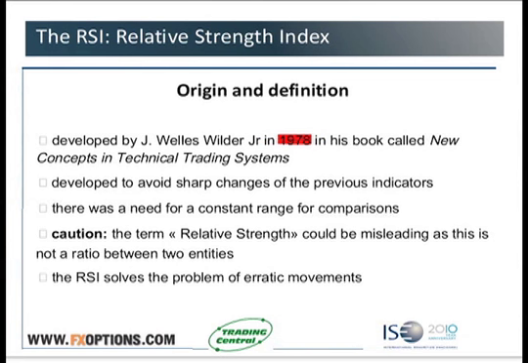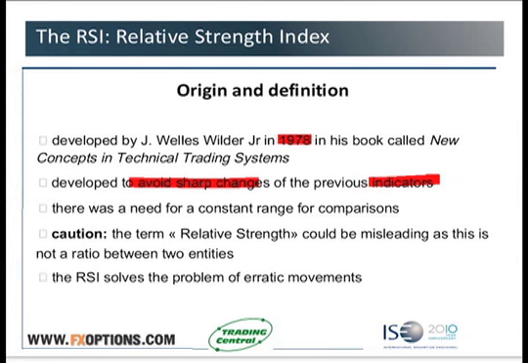So it has been developed to avoid sharp changes of the previous indicators, such as the momentum, because as I said before, the momentum was a subtraction between the price, for example, 10 days ago and the last price.